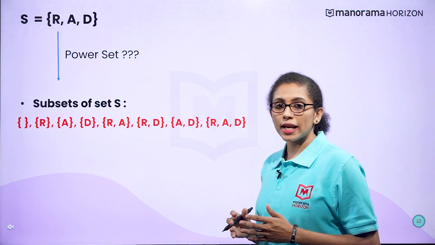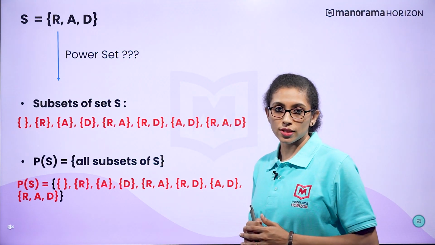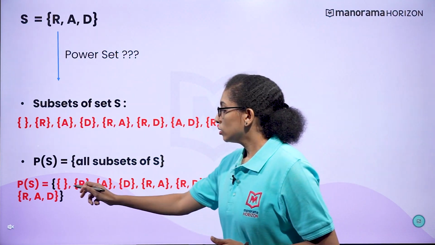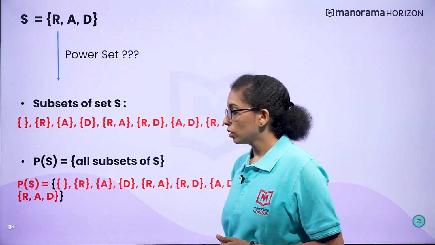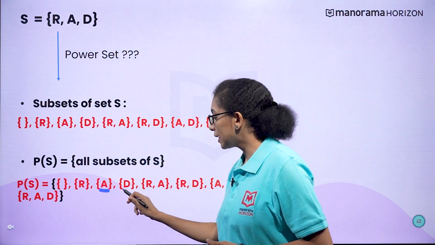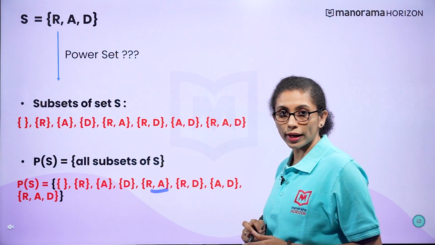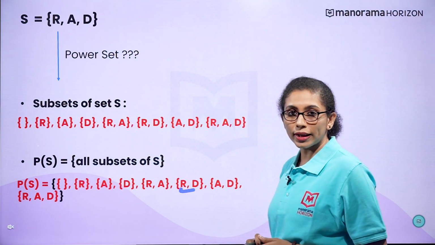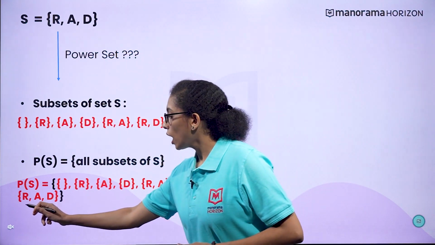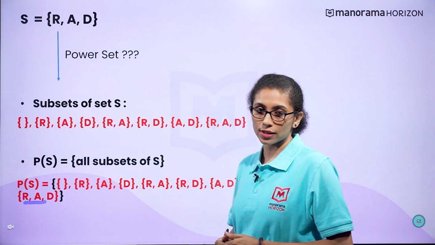Now the power set is the set of all subsets of set S. Therefore, P(S) is equal to { ∅, {R}, {A}, {D}, {R, A}, {R, D}, {A, D}, {R, A, D} }. This should be everything within the curly brackets.